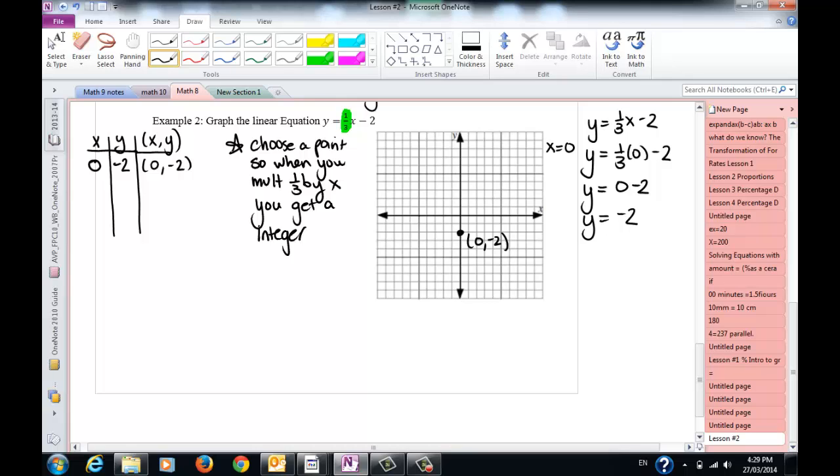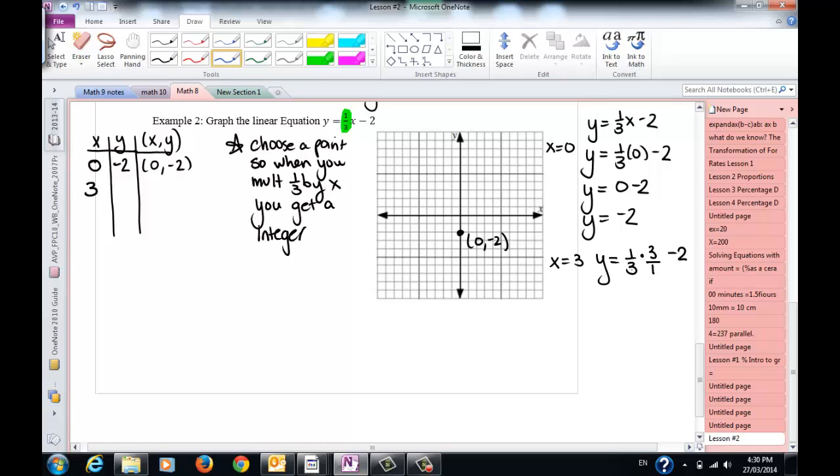So if I choose x equals, let's go with 3. Okay, so if x equals 3, y equals 1/3 multiplied by 3 minus 2. Now I did it like this so that I could put, remember, every number can be written over 1. So I can cross multiply here.